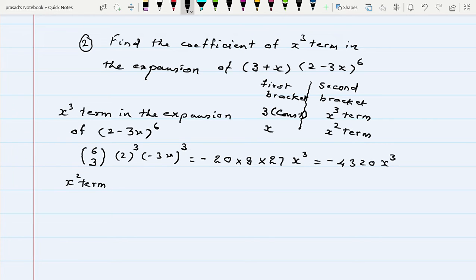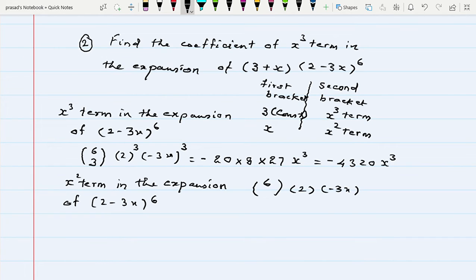Now I will find out the x square term in the expansion of (2 minus 3x) whole raised to 6. So what will be that? Again, here n is 6, a is 2, b is minus 3x. I want the x square term.